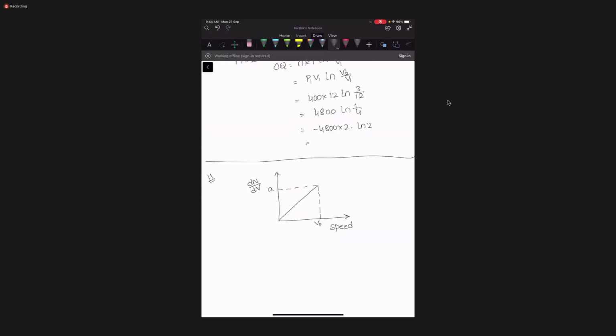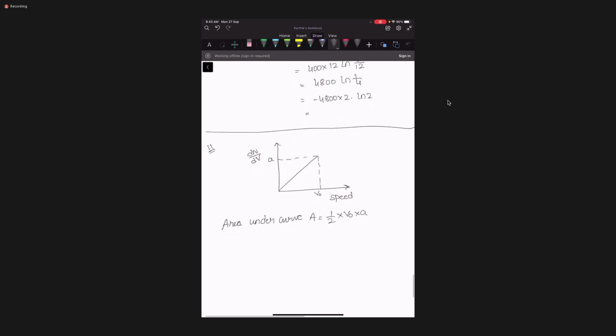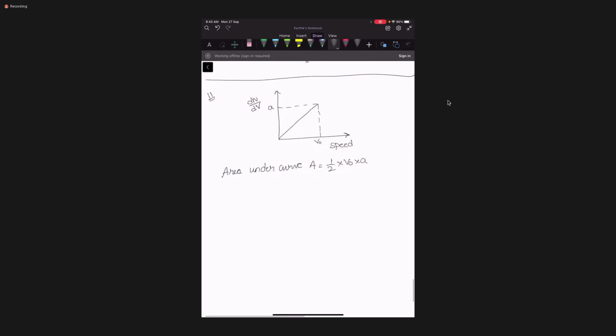Okay, see if I take area under curve, the area is half into V naught into A, right? This will be area under curve. Can I say area under the curve will give you my number of molecules?